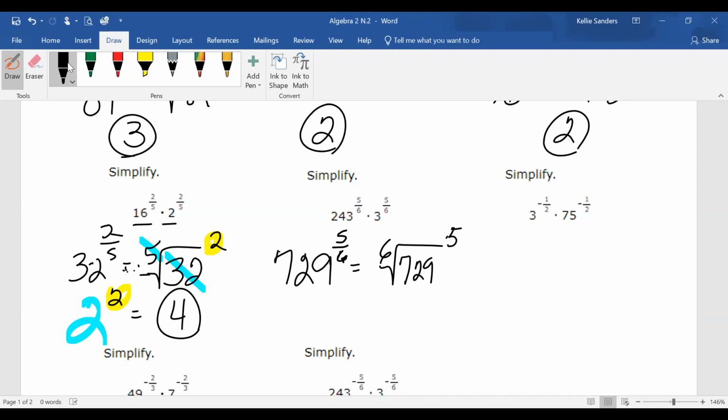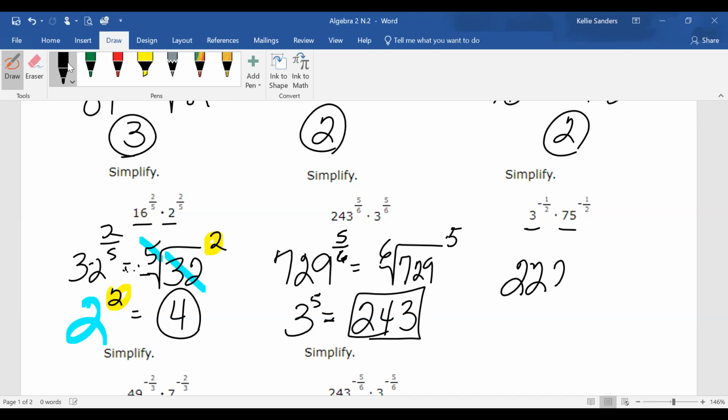So the sixth root of 729, I assume, is going to be 3. But let's see if I can get that. 3 to the 5th is 243. Yeah. Okay.